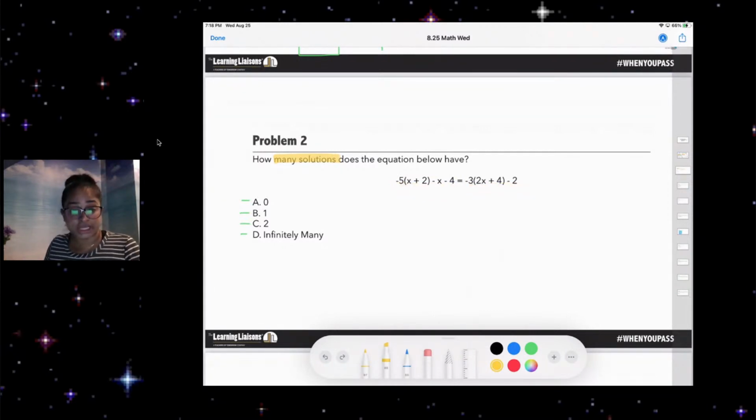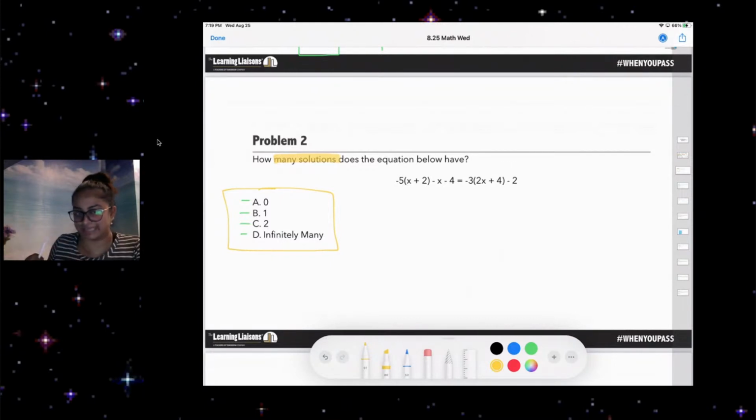I like plugging and chugging, so I'm going to choose to do that. Remember, your answer choices are not the numbers that you have to plug in. They do not represent the x value. They're the number of solutions that create the proper answer.